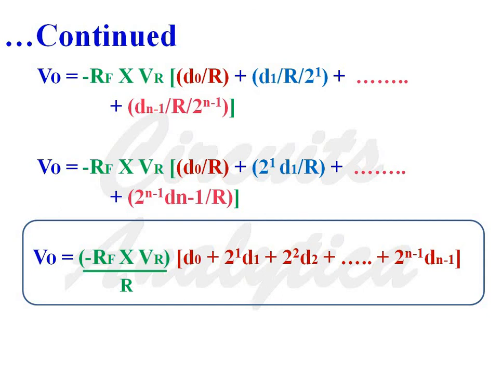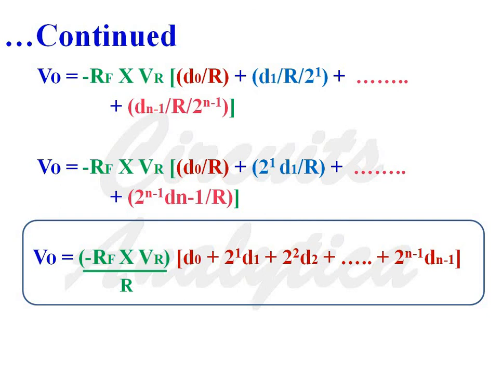So we can write V0 is equal to minus Rf into VR inside bracket D0 by R plus 2 raised to 1 D1 by R plus 2 raised to 2 D2 by R plus ... 2 raised to n minus 1 Dn minus 1 by R.